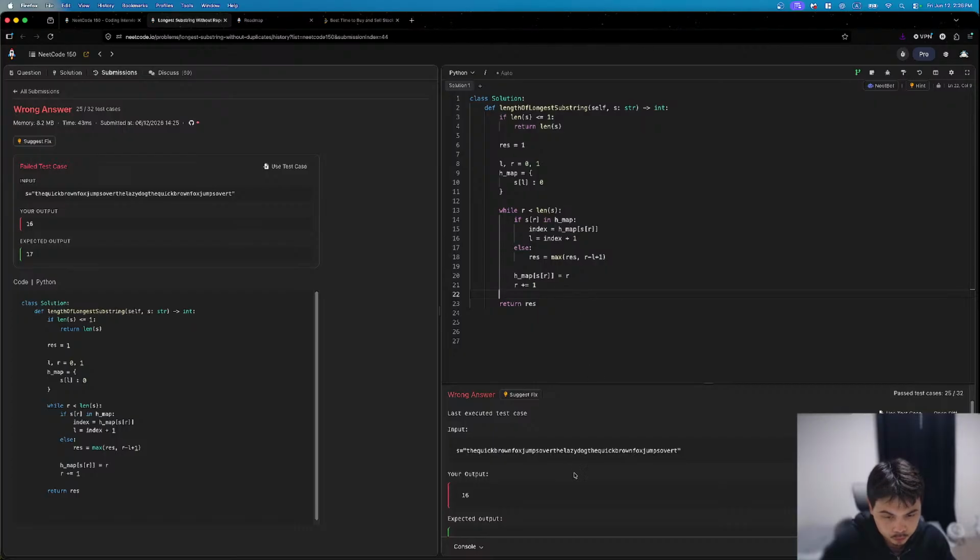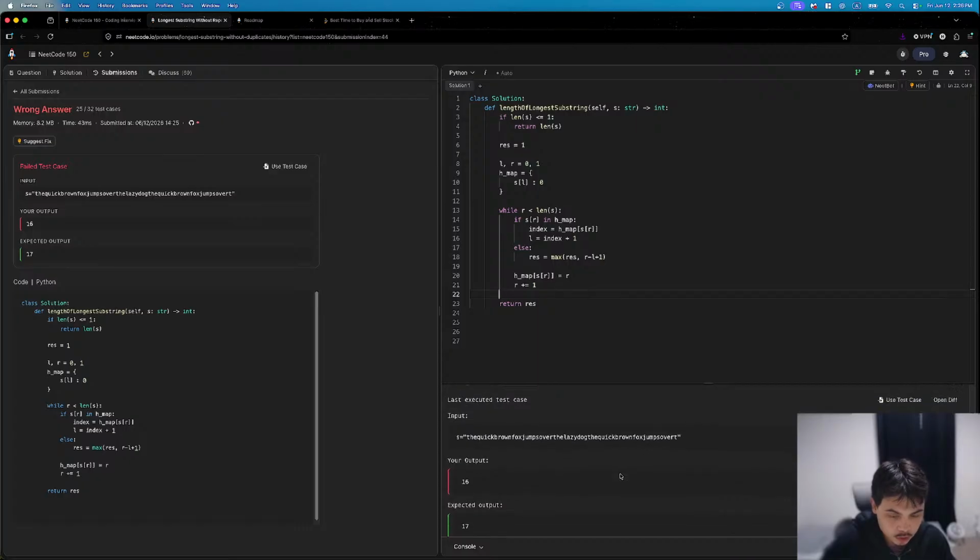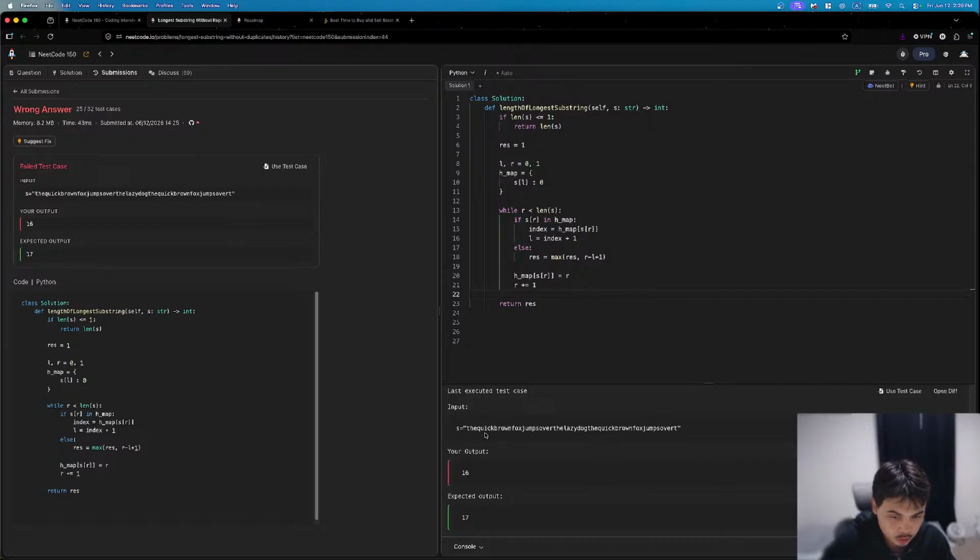Hmm. The quick brown fox jumps over the lazy dog. The quick brown fox jumps over. 2, 3, 4, 5, 6, 7, 8, 9, 10, 11, 12, 13, 16, 17.